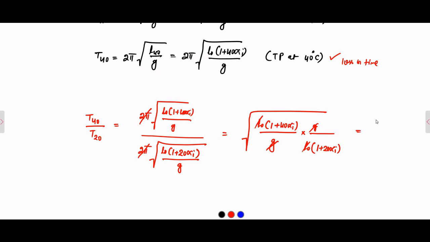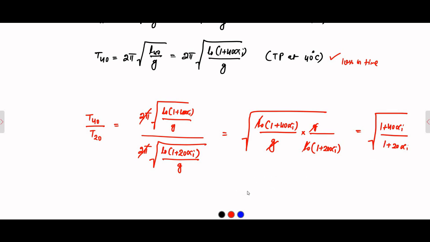So we have 1 plus 40 alpha l by 1 plus 20 alpha l. This is T40 by T20.